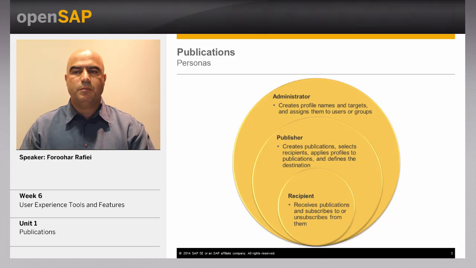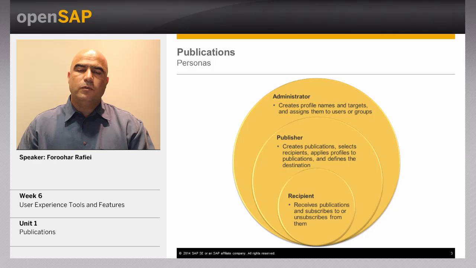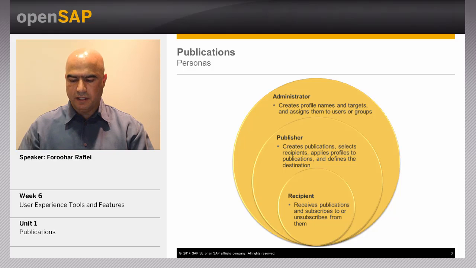It can select recipients for that publication, can apply profiles to that publication, and define target destinations for the publication. The third one would be the recipients that are receiving those publications. Recipients are basically either added by the publisher to that publication, or they can subscribe themselves to the publication to receive it.